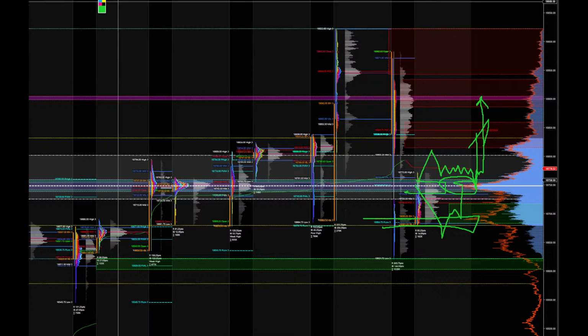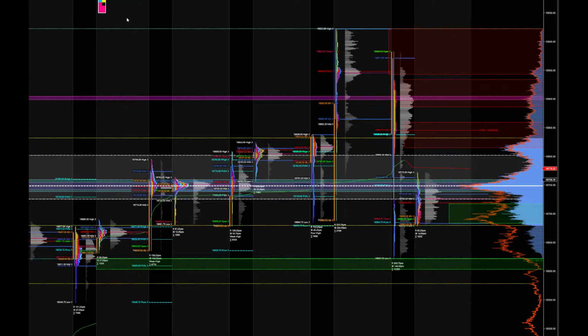As far as the shorts, it's very difficult for the Nasdaq. I would like to see this level be taken out, take out that demand zone, try to come back up, hold, and then you possibly could go down. That's what I see for the Nasdaq.